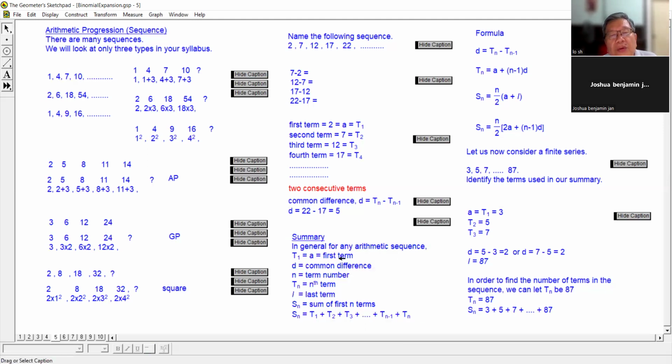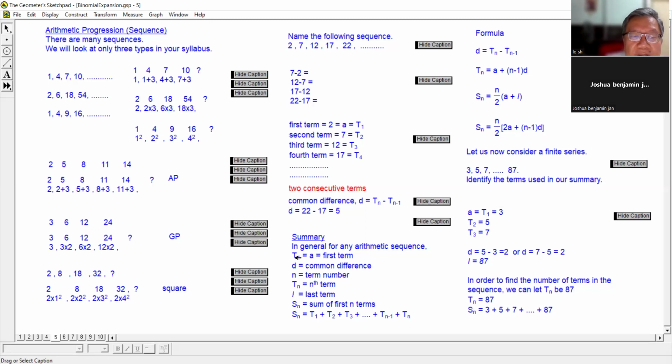So there are many terms that you need to know. In general, for any arithmetic sequence, you must know the first term and the symbol for it.